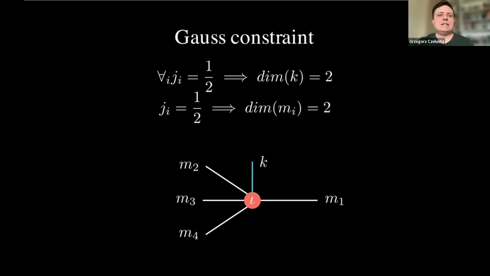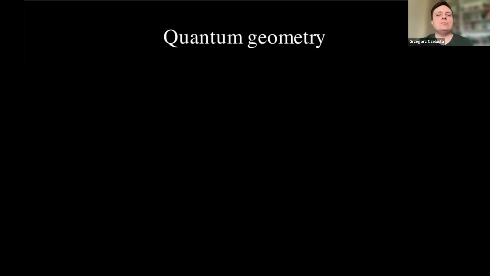So now let us return to the geometric interpretation of spin networks. Recall that spin network states were introduced here as a quantum state of spatial geometry. Therefore, the links and vertices of the graph should have some geometric meaning.